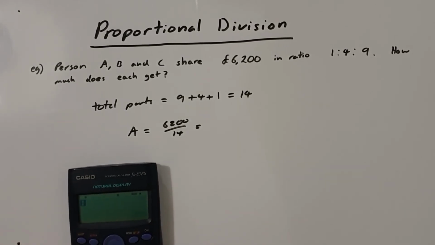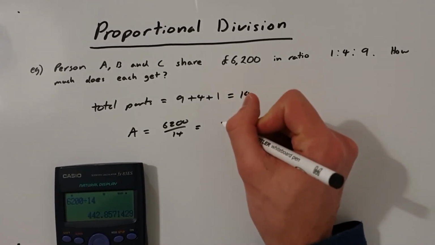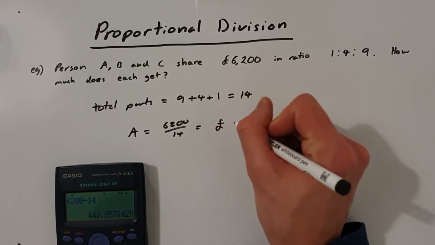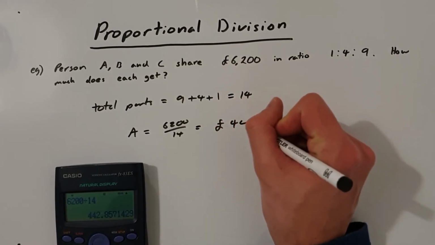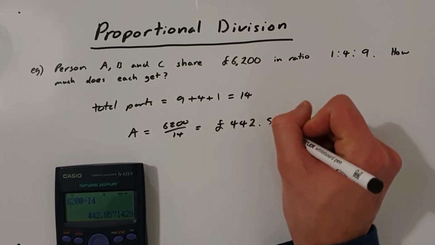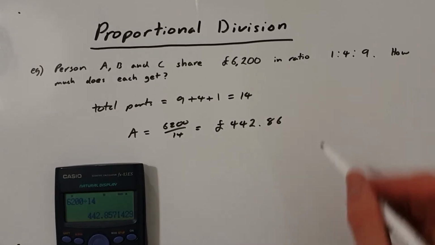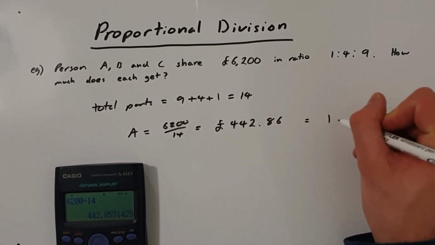So we've got 6,200 divided by 14. And that gives us, in pounds, £442.86. And that gives us 1 part.